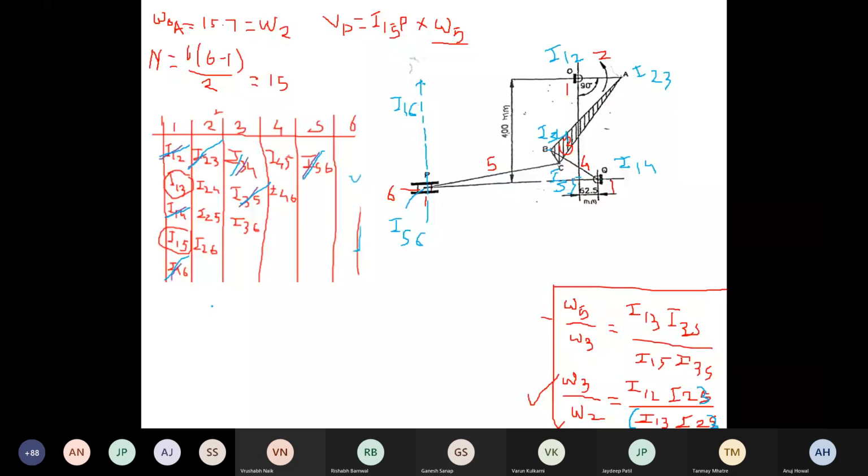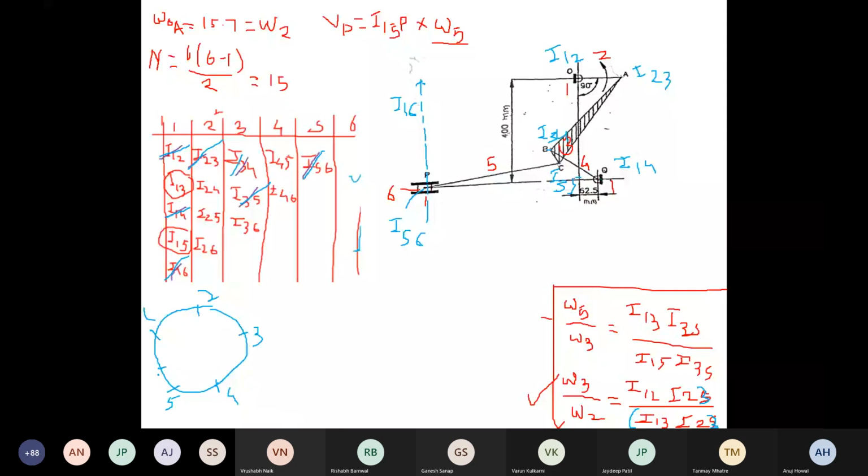Okay, means you have to draw a circle. On that circle, you have to mark the number of links. There are 6 number of links: 1, 2, 3, 4, 5, and 6. You have to join the points.